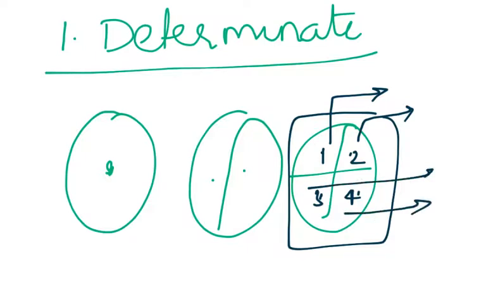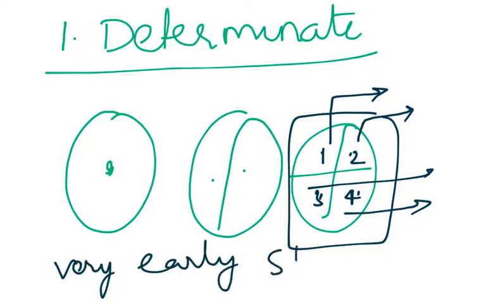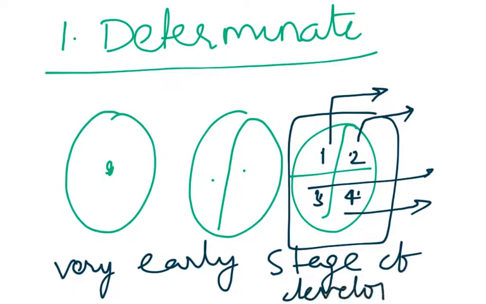So at very early stages of development, if the cells are decided or determined to become something, we call such kind of cleavage pattern determinate type of cleavage. Determinate means, during the development process, if at the very early stages the cells are determined to become something, we call such type of cleavage determinate type of cleavage.